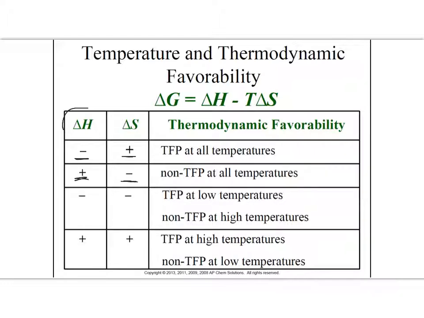And then you can see here the chart continues. If we have both negative, it's dependent on temperature, just like we saw on the last one. And as we showed, at lower temperatures, that means we're going to be thermodynamically favorable. If we have both positives, that's going to be thermodynamically favorable at high temperatures.